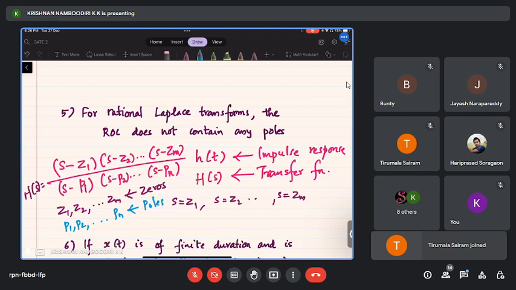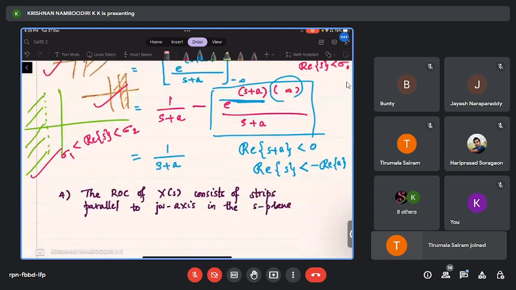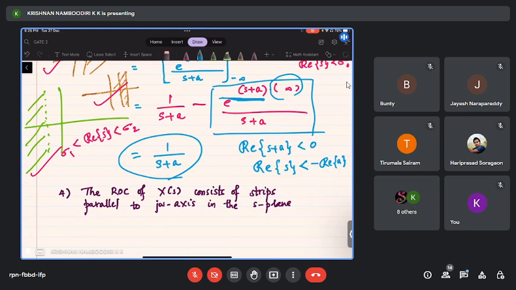So basically, if you substitute s equal to minus a in this case, this goes to infinity. So does that s equal to minus a, is it contained in the ROC? No, correct? Our real part of s must be less than minus of real part of a.